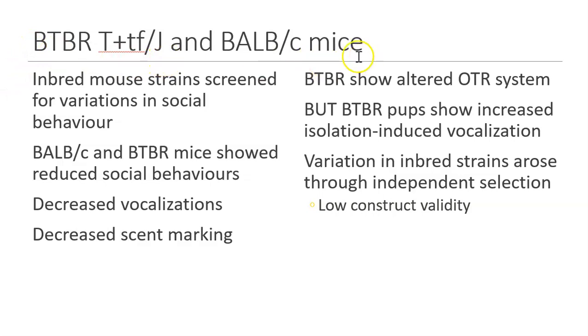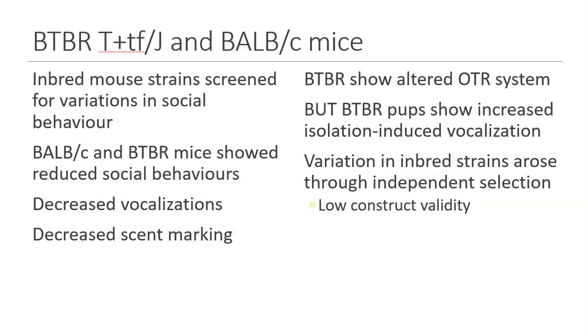Pretty much these are strains of mice. They're two different strains that are inbred and screened for variations in social behavior. Rather than being a genetic model, we haven't altered their genes at all, we're just doing selective breeding. That's why it's a phenotypic model.